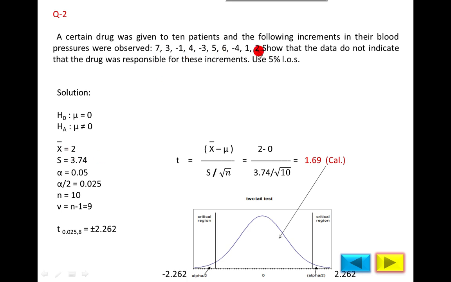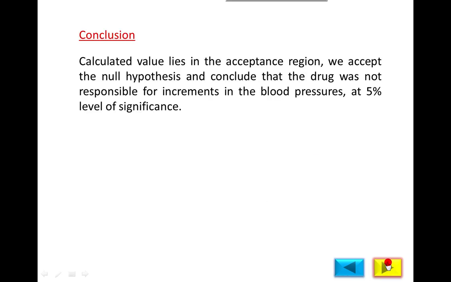You can calculate it directly from a calculator or formula. Alpha 0.05 divided by 2 is 0.025, and with sample size 10, degree of freedom 9, the table value will be plus minus 2.262. Apply the formula and you will obtain 1.69. This is the calculated value, and it lies between the lower and upper values of the critical region. We accept the null hypothesis.